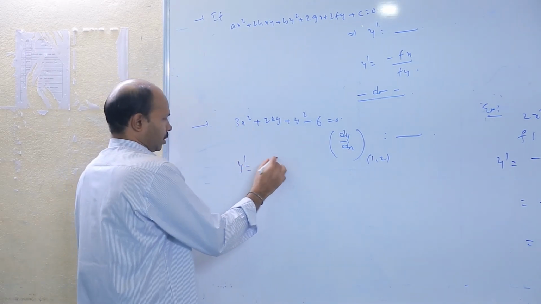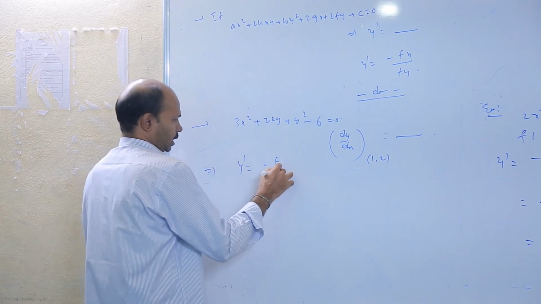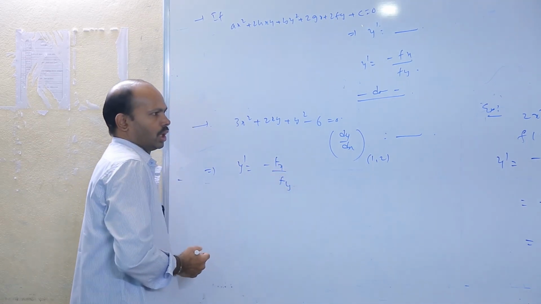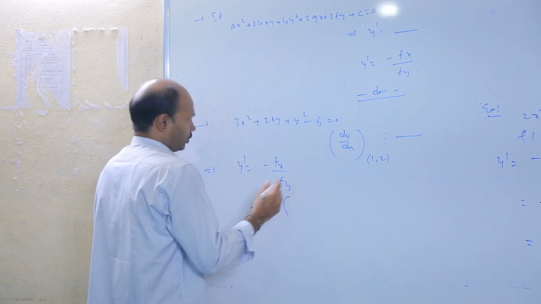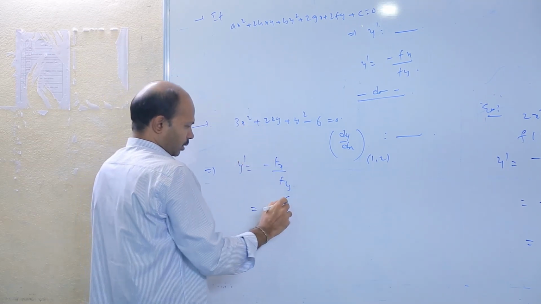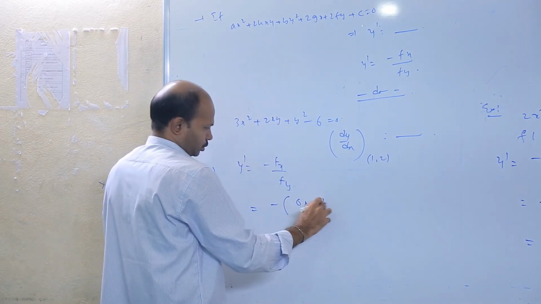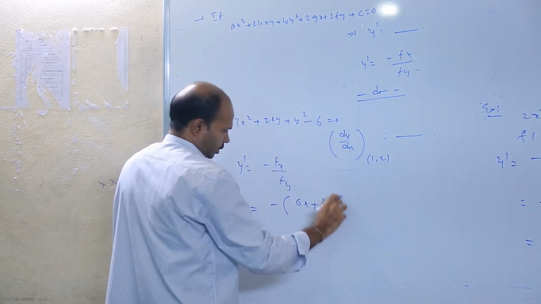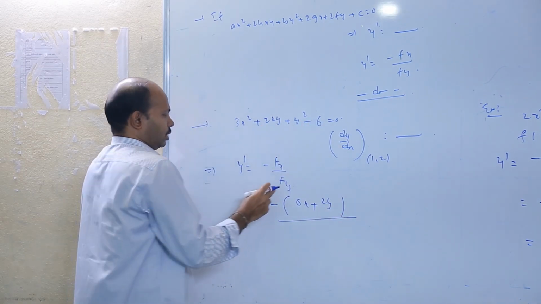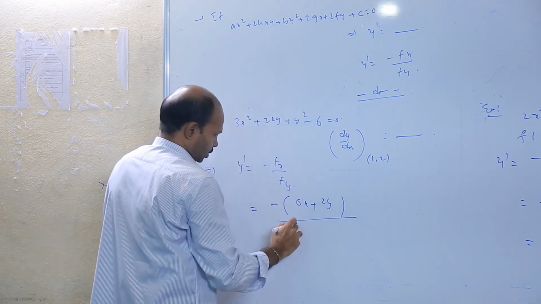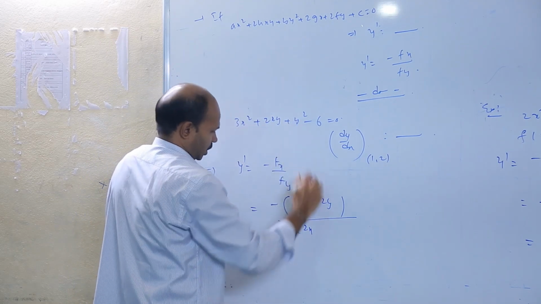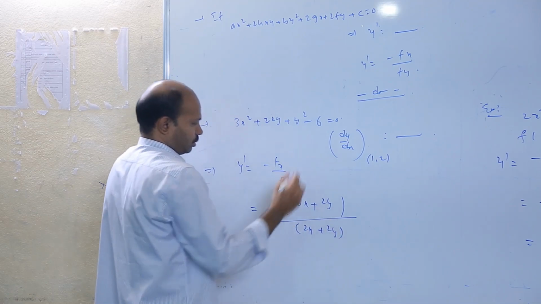Y dash is equal to, you know that, minus fx by fy. What is that? Minus of fx, the derivative with x partially: 6x, 2y is 0 and 0. And see the denominator, y partially: 0, this is 2x, y partially plus 2y, the rest becomes 0.